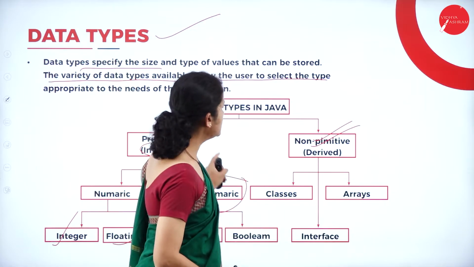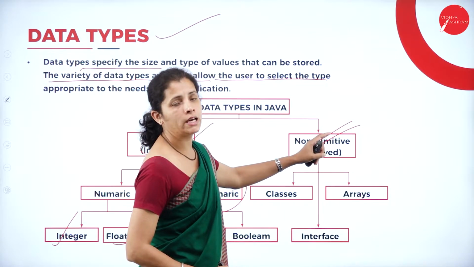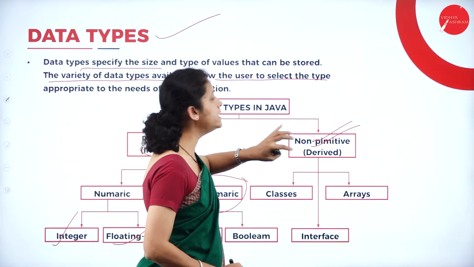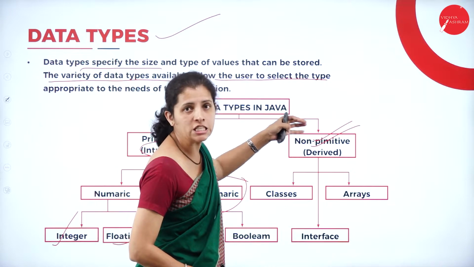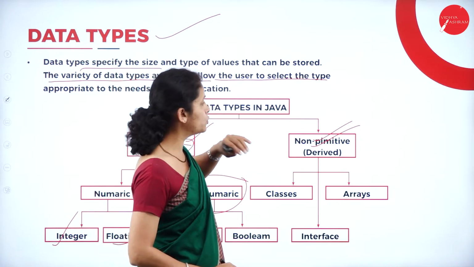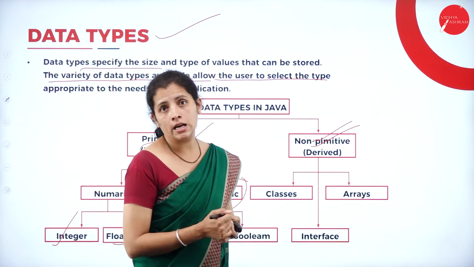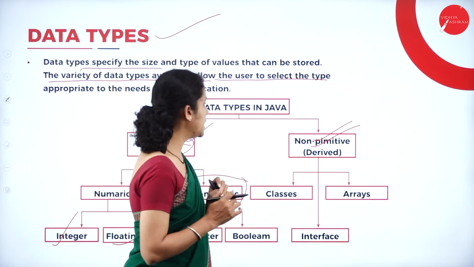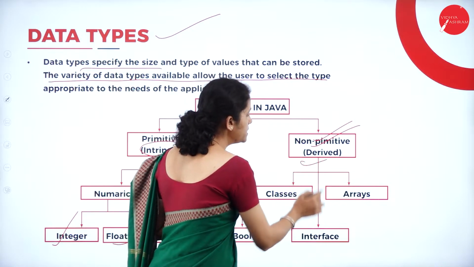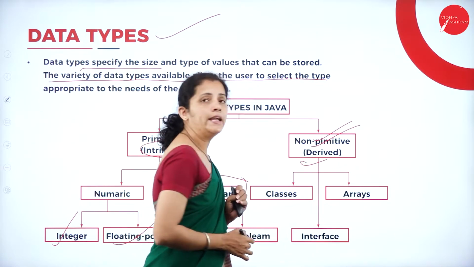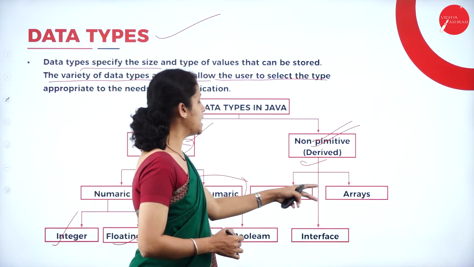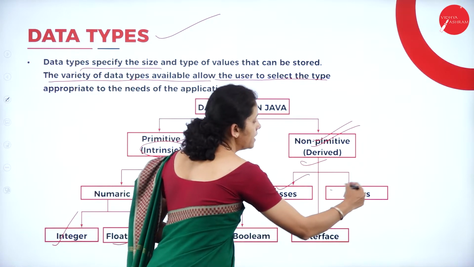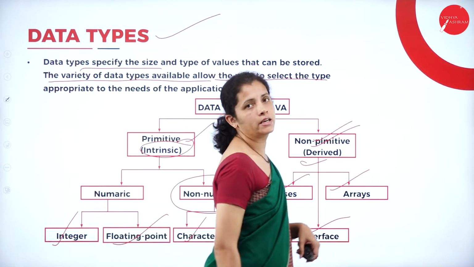And if I consider non-primitive, that means I'm going to derive the data type from the basic data type. That means I'm going to create my own data type by using primitive or basic data type. Here it is once again classified into three types, that is classes, arrays as well as interface.